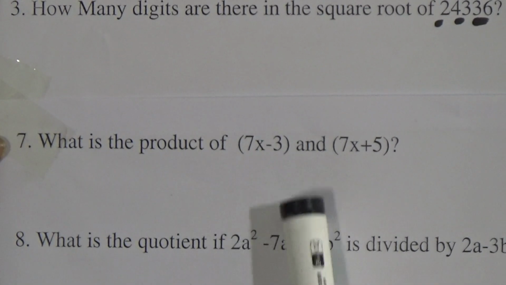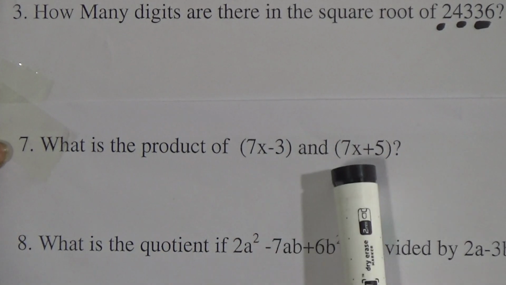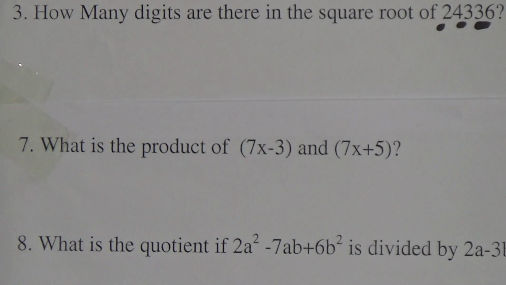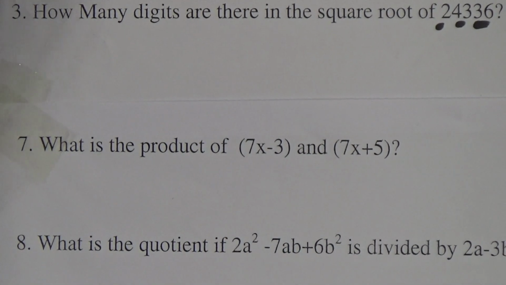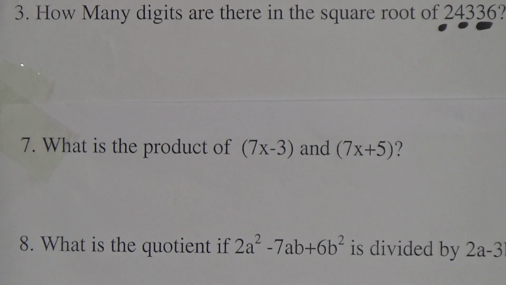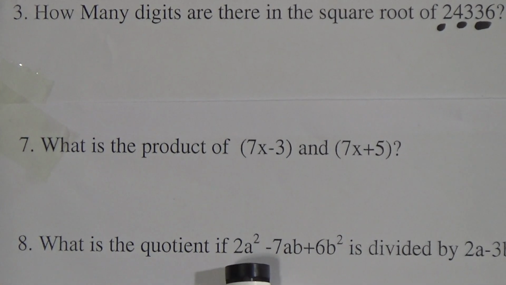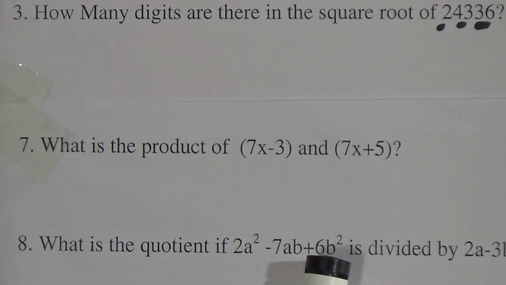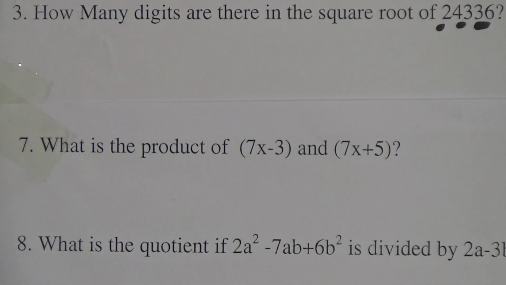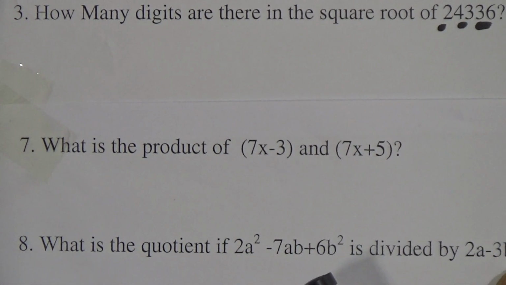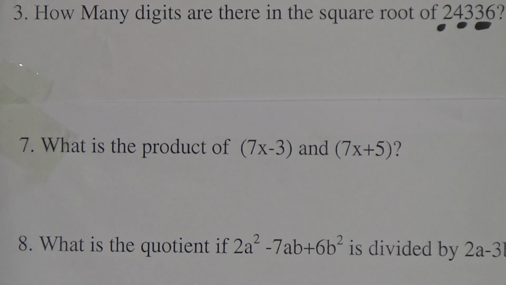What is the product of 7x minus 3 and 7x plus 5? You have to product this, this is easy for you. Now question number 8. 8 is also easy. You have to divide 2a square minus 7ab plus 6b square by 2a minus 3b.